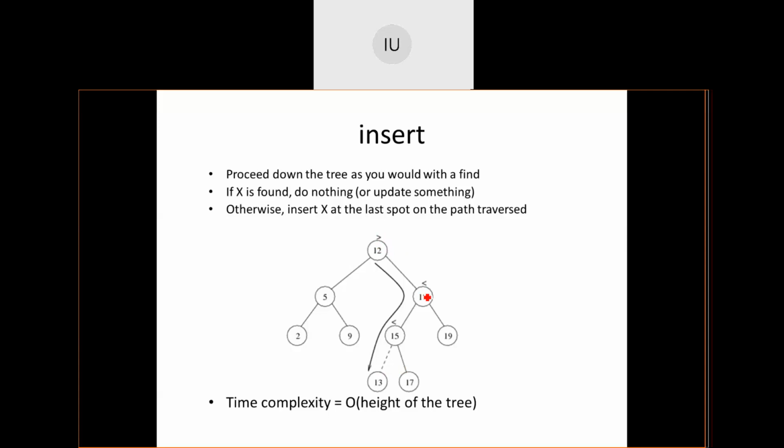On the right hand side, I have 18. 18 being greater than 13, 13 goes into the left hand side of 18. Now 13 compared against 15, 13 being lesser, 13 is inserted as the left node of the previous node, that is 15. This is how the insertion happens.